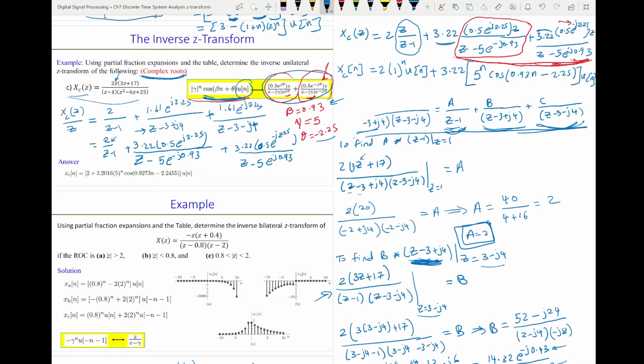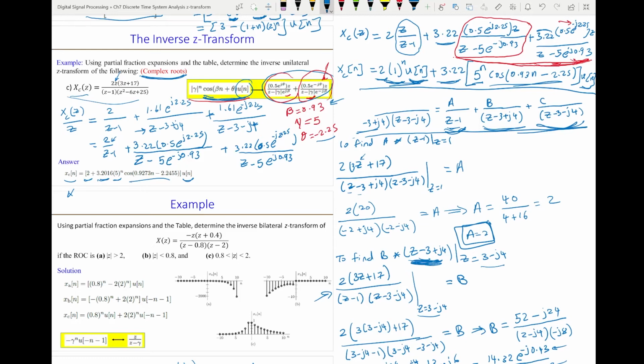And this is the answer. Again, this 1 to the power of n is just 1. So if I rewrite this one and take u of n as a common factor, then this will be just same as this one.